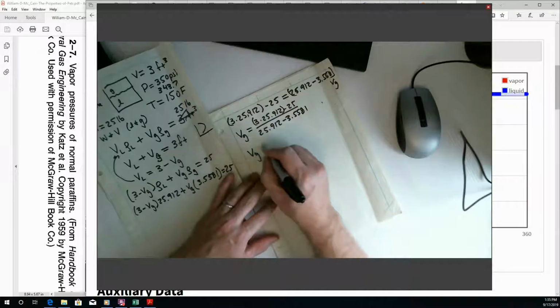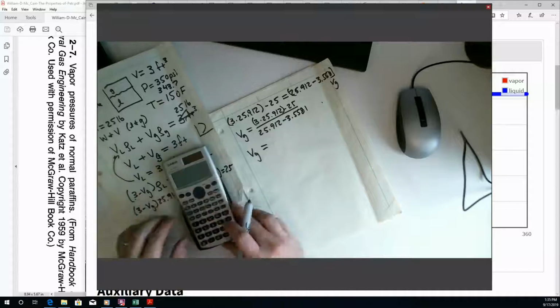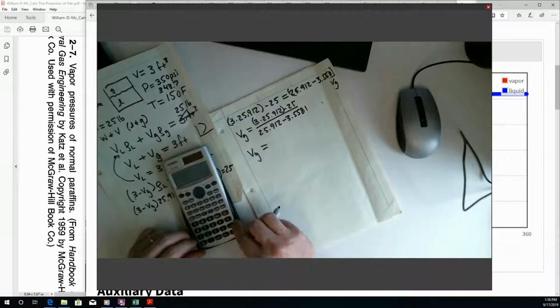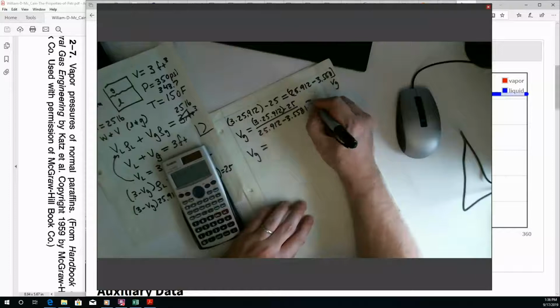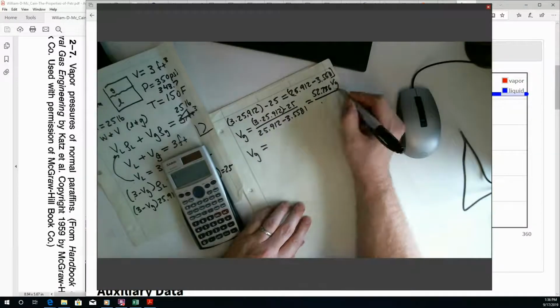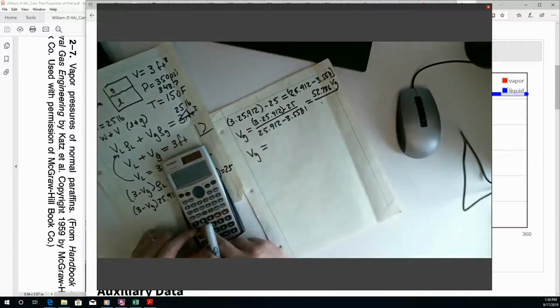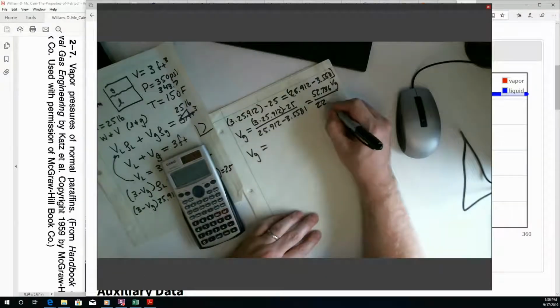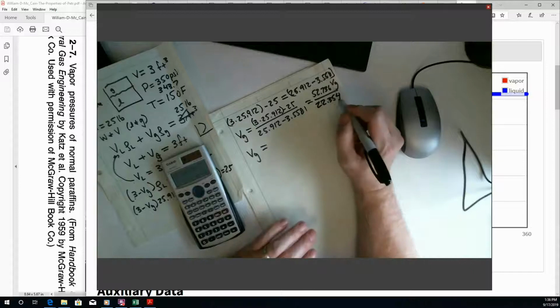Let's bang this out on the calculator. 3 times 25.912 minus 25 is going to equal 52.736. Let's divide that by the other: 25.912 minus 3.5581 is going to equal 22.354.